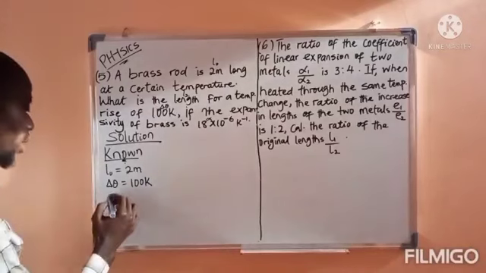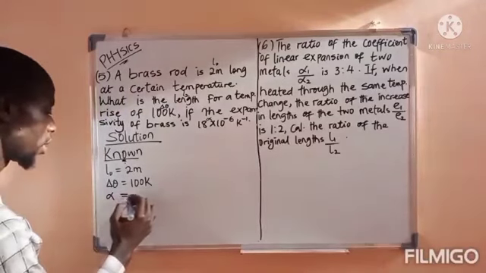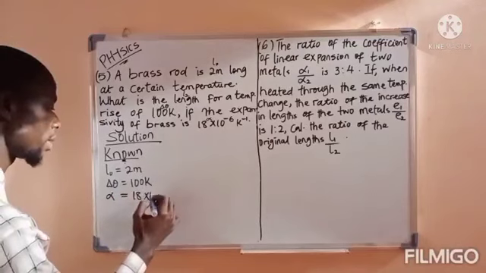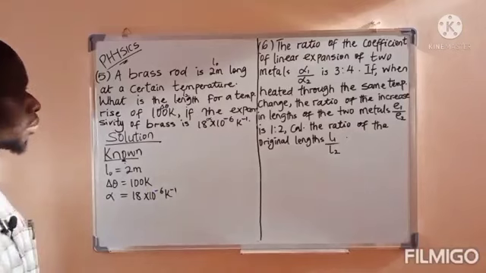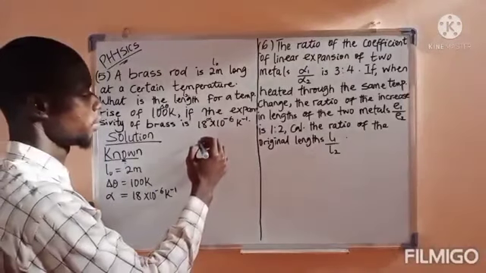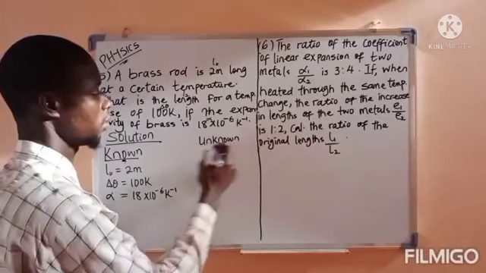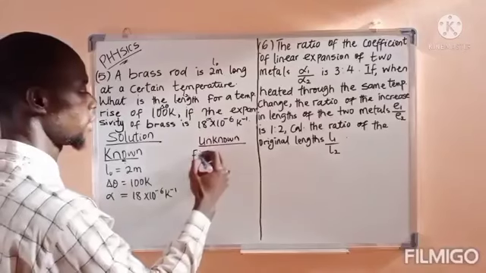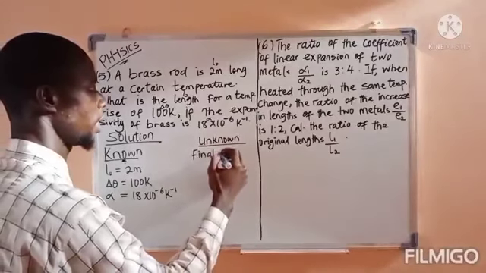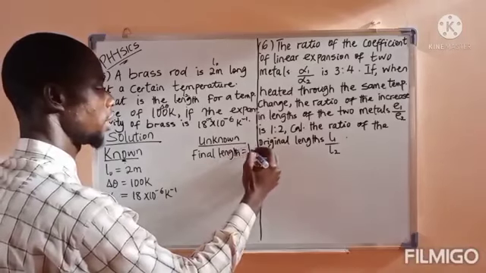Then we have the coefficient of linear expansivity of the material to be 18 times 10 raised to power minus 6 per Kelvin. Now, what is the unknown? The unknown is the final length, which is L2.